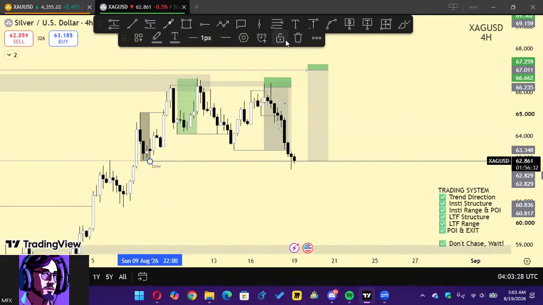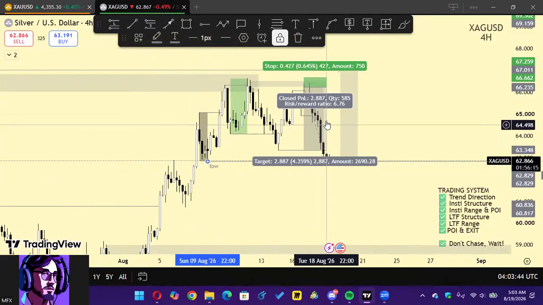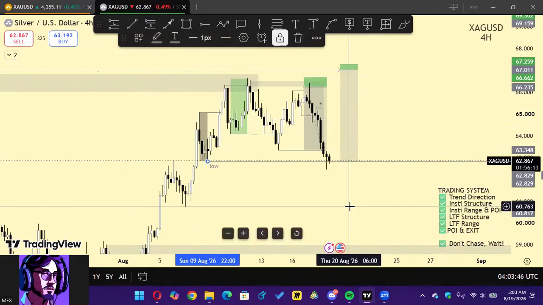This is the current protected low, and we can see that price has not broken this low. What we're just seeing here is absorption of price. Price absorbed the low, and I'm still not going to look for a sell for a continuation.